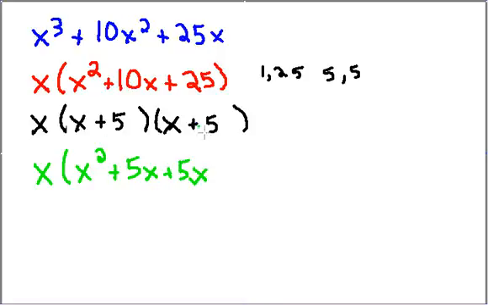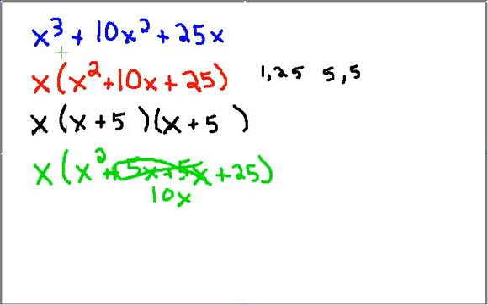And then 5 times 5 is 25. And if you take a look at our two x terms here, this 5x plus the 5x makes a 10x. And what we now have on the inside is x squared plus 10x plus 25, which is what we had up here.